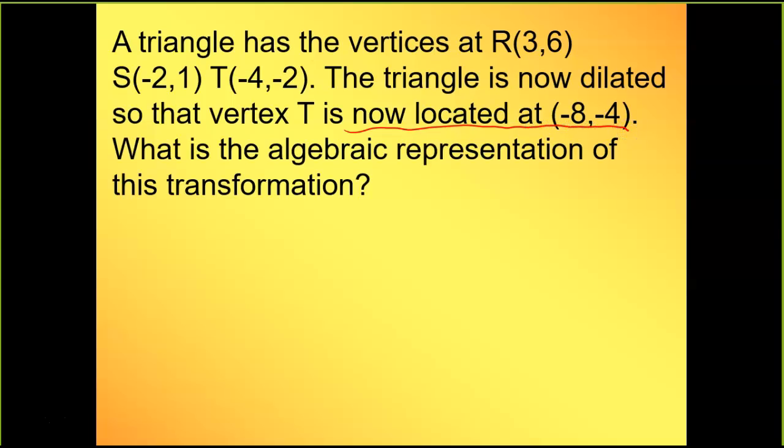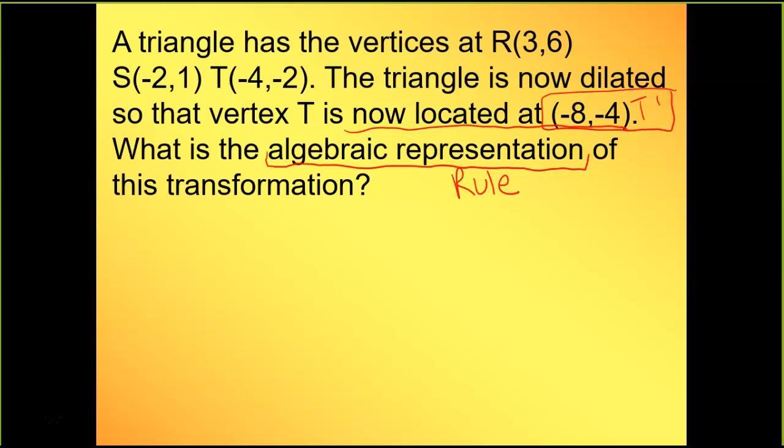Well, if that's the new T coordinate, what do we call that? T prime, right? So that is T prime. They want to know what is the algebraic representation. That's just a fancy way to say what is the rule of this transformation.